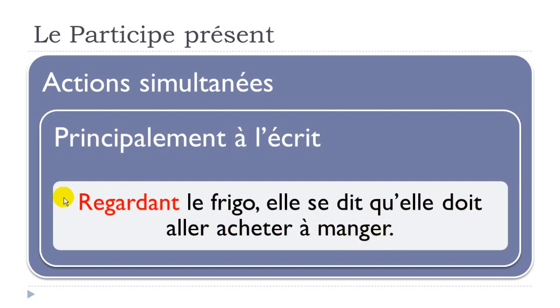In that case, when you put this participe présent here, clearly it's because you want to say that this first thing and the second thing are happening at the same time. But keep in mind that this structure is when you write. If you want to use it orally, you should use this préposition en first and then the form that we call gérondif that we saw a few minutes before.